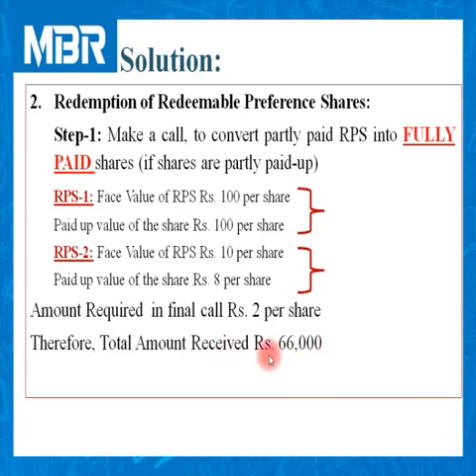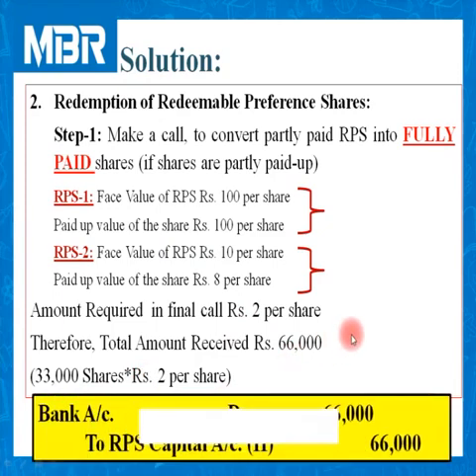Don't get confused by the figure of rupees 66,000. Simply check the liability side of the balance sheet. You will get the figure of 33,000 shares multiplied by 2 rupees on final call. 33,000 multiplied by 2 is equal to 66,000.